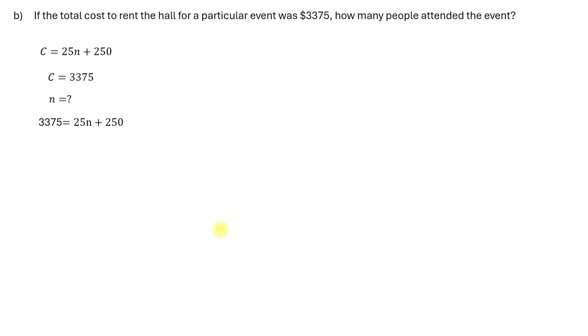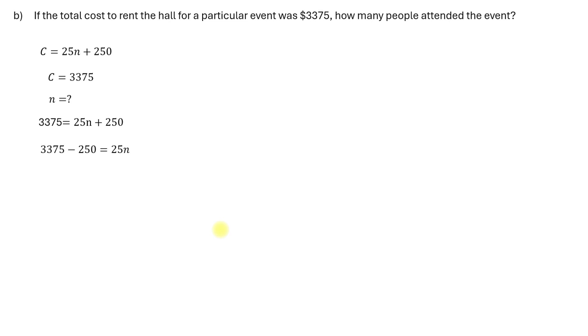So now we're given an equation 3375 = 25N + 250. N is our variable. We want to get that variable on the left-hand side and our numbers on the right-hand side.